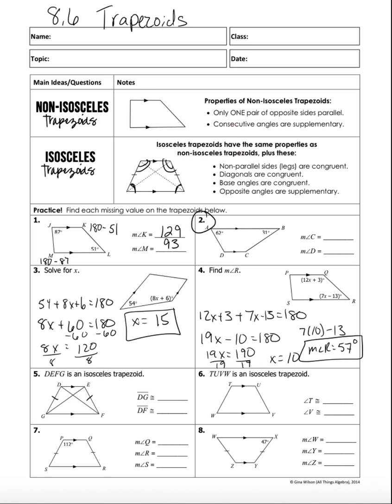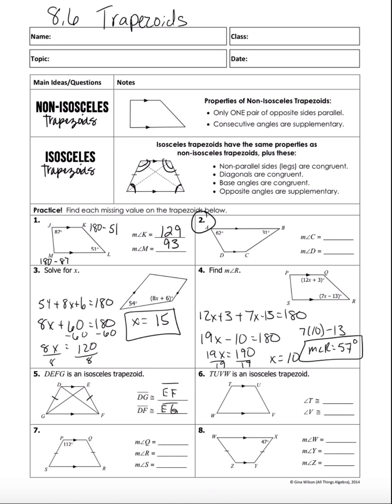So the side that is congruent to DG is going to be EF. And DF is a diagonal, so EG is the other diagonal that it's congruent to.